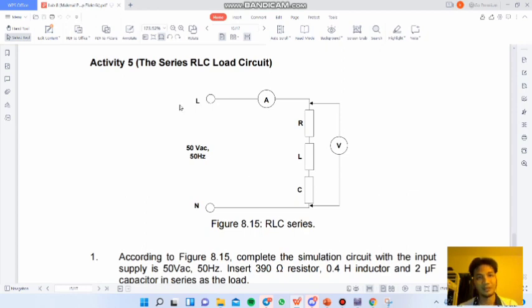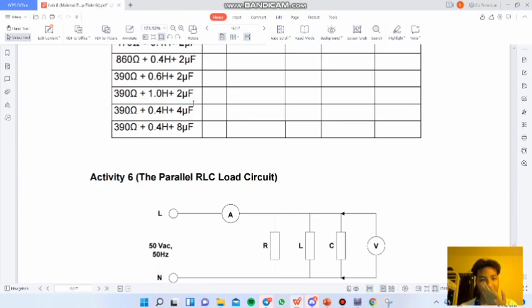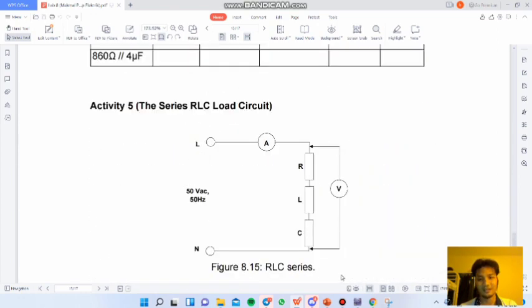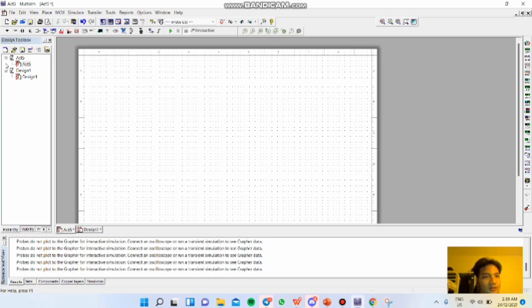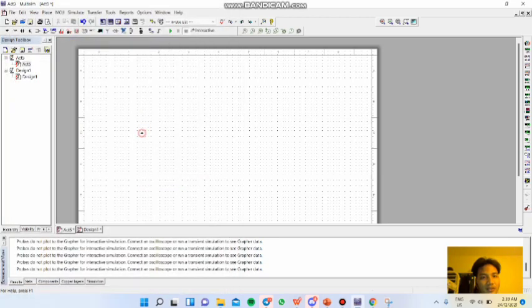I present activity 5, the series RLC load circuit, and activity 6, the parallel RLC load circuit. First we need to simulate the series RLC load circuit, so I will use Multisim. First we take out the AC power supply, ground.